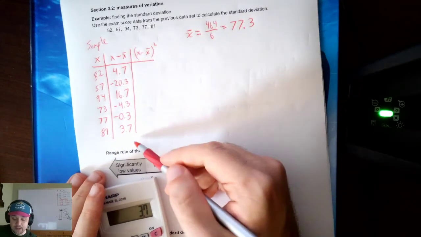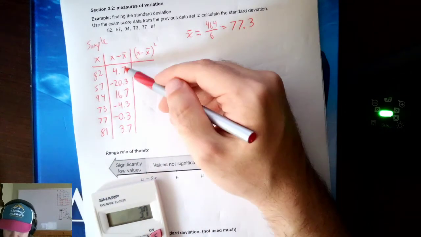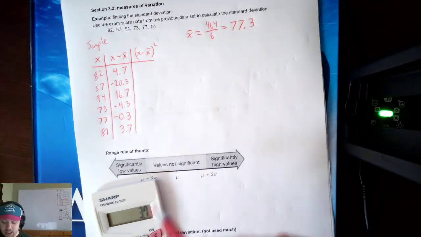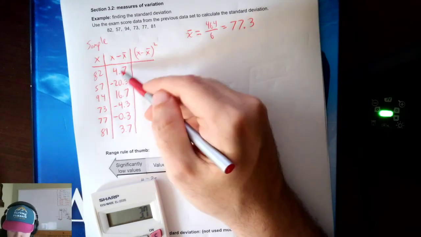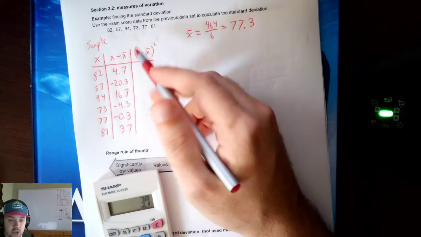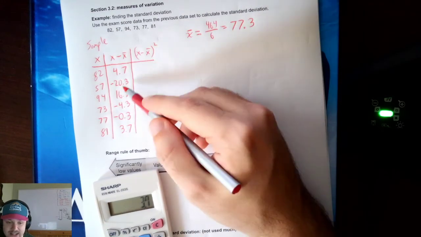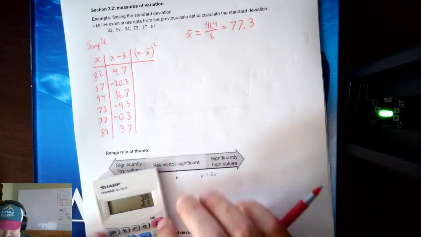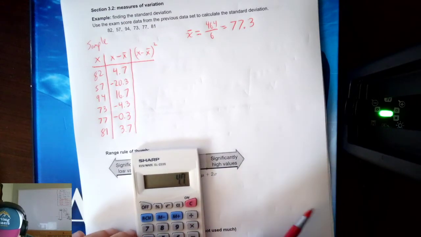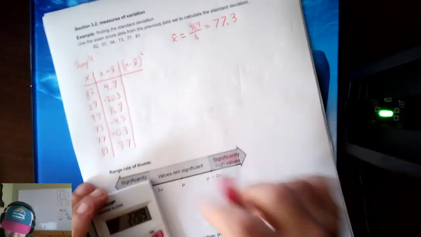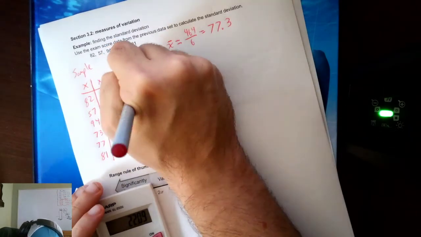middle column. To get my last column, I need to square each of these numbers. Now, the good news about squaring numbers is a positive number squared is positive, and a negative number squared is also positive, right? 4.7 times 4.7 is 22.09.